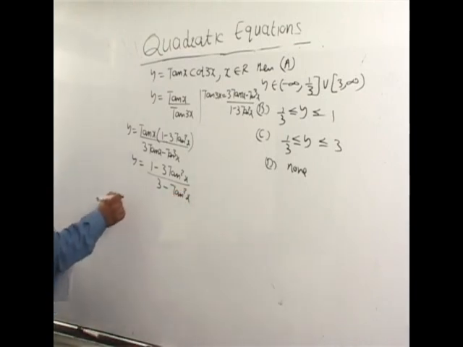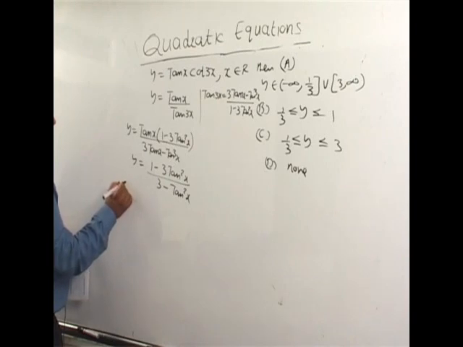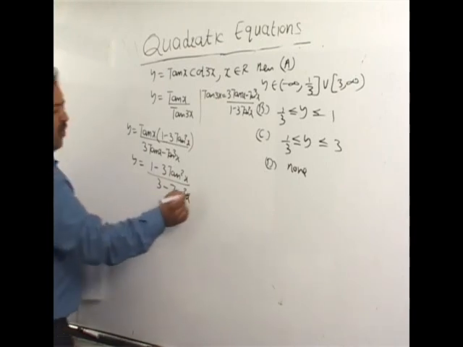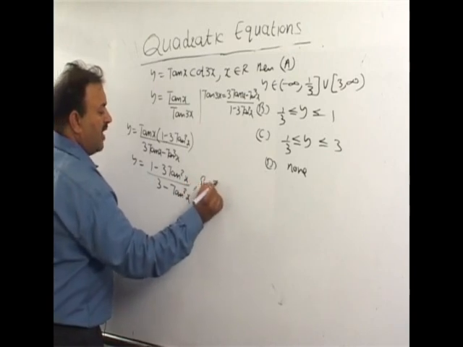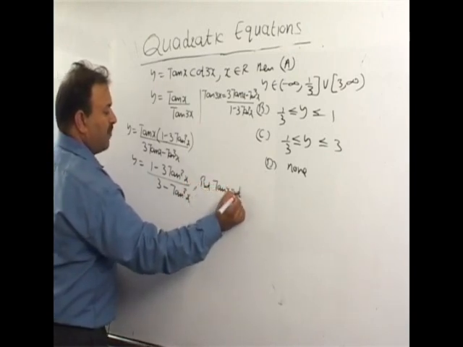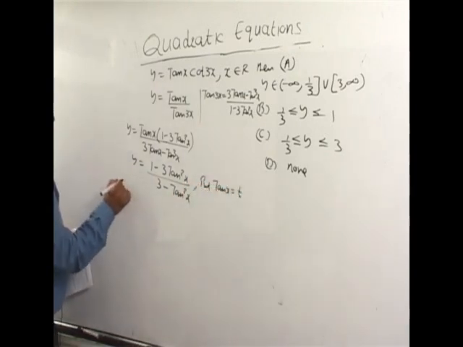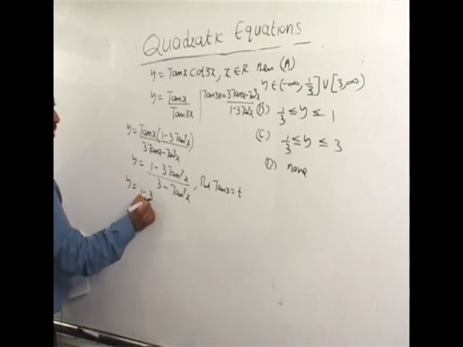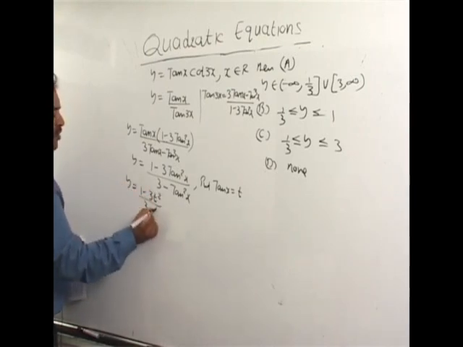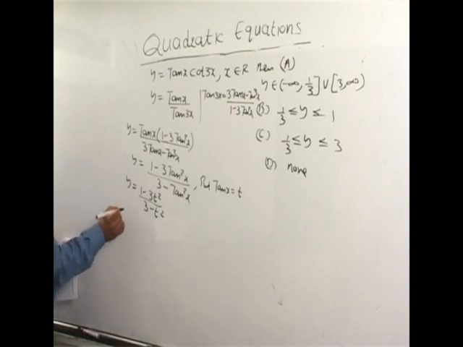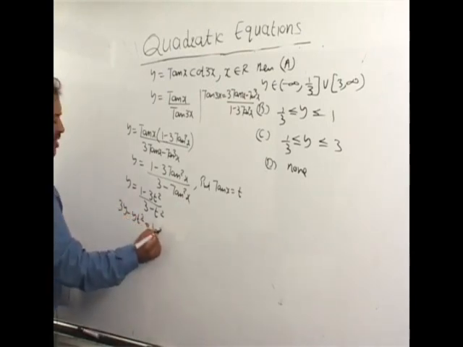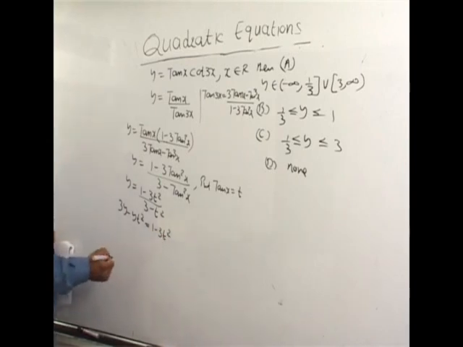Say here y. Before cross multiplying we put tan x is equal to t. Now it comes out to be y is equal to 1 minus 3t square upon 3 minus t square. Cross multiplying, 3y minus yt square is equal to 1 minus 3t square.